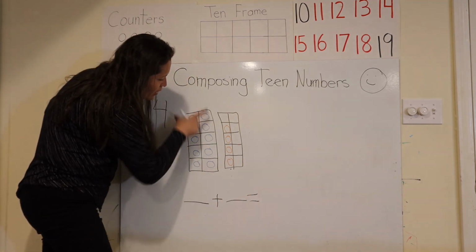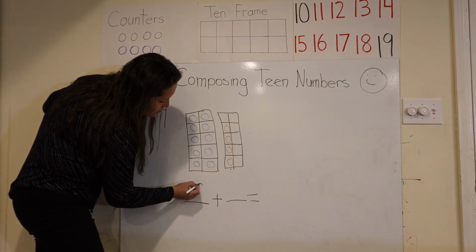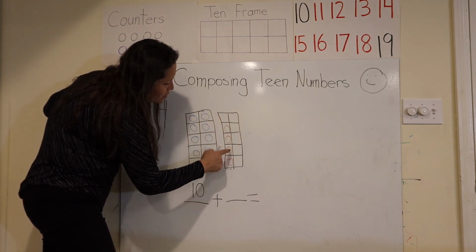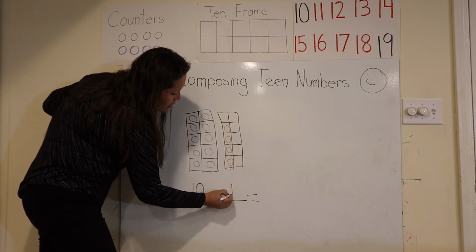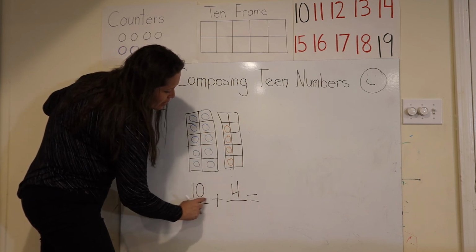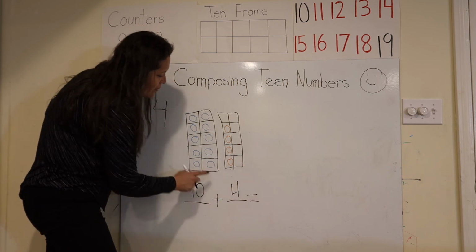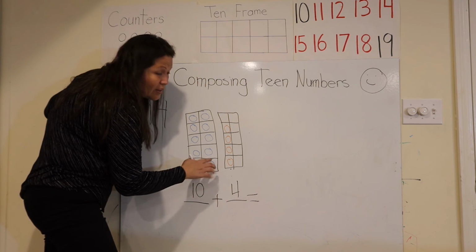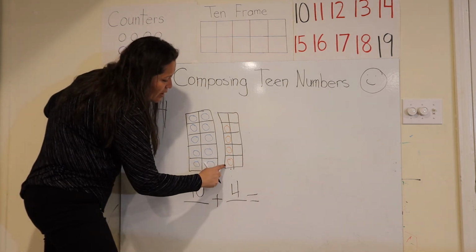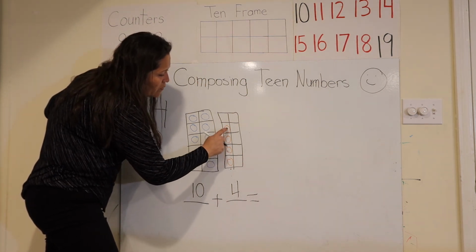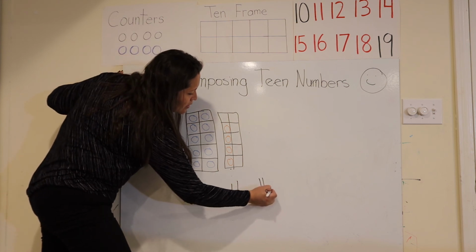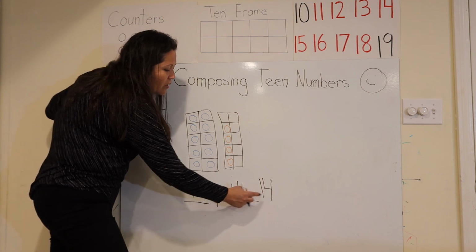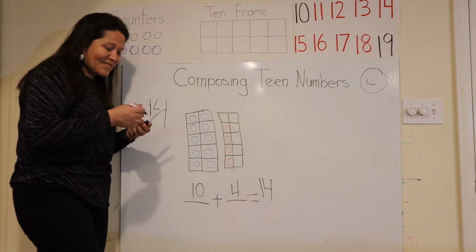So you're gonna do this first. This frame is 10 plus these ones. 1, 2, 3, 4. So it's 10 plus 4 equals what? We're not gonna count anymore because we know there's 10 here. 10, and then you keep counting, okay? 11, 12, 13, 14. So that's my number. 10 plus 4 equals 14, right?